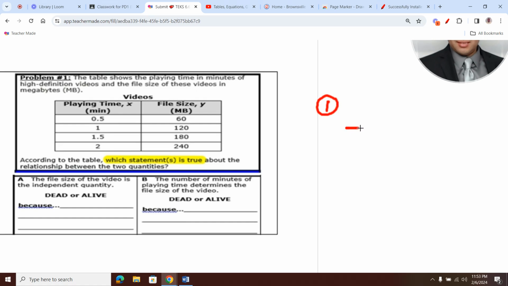We have a table, and they have x and y. Now, if you notice, we have decimals and wholes.